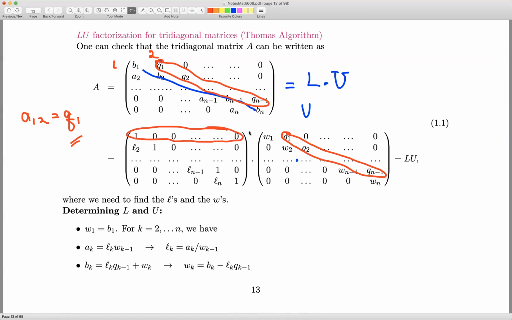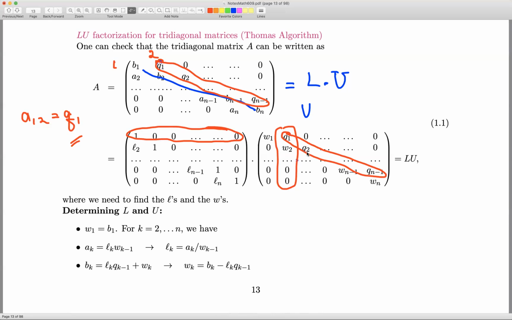Since the first row has all zeros except for the 1 in position 1, 1, when I multiply by this second column, all the zeros kill the elements below, and then I will have this term multiplied by 1, and it has to be Q1, so this term has to be Q1.